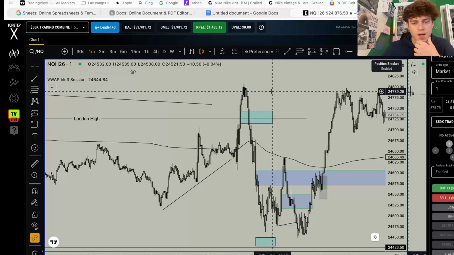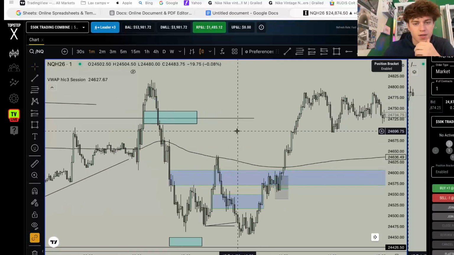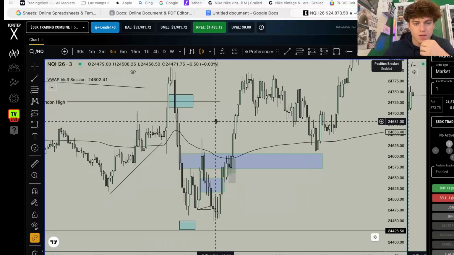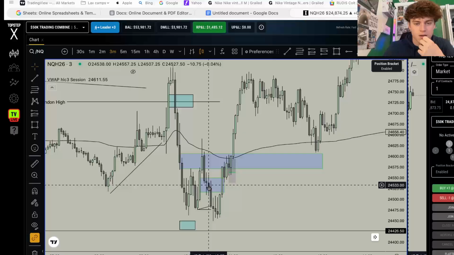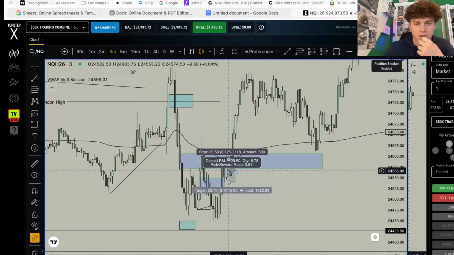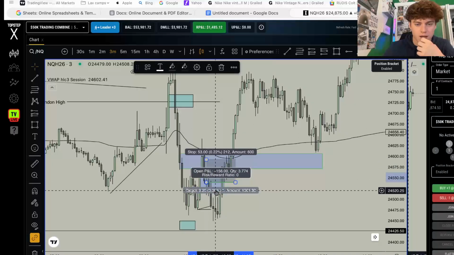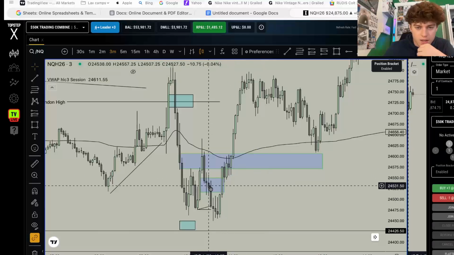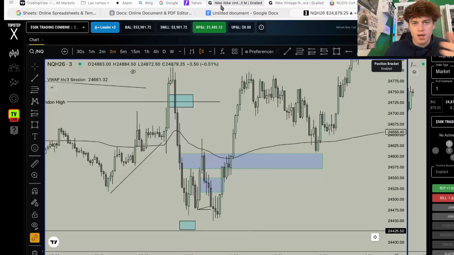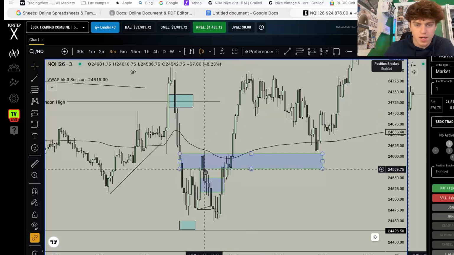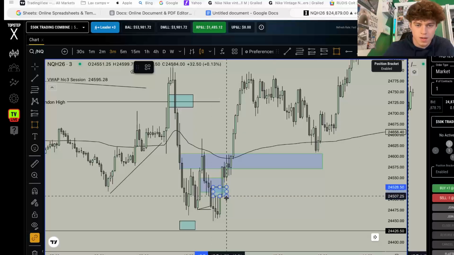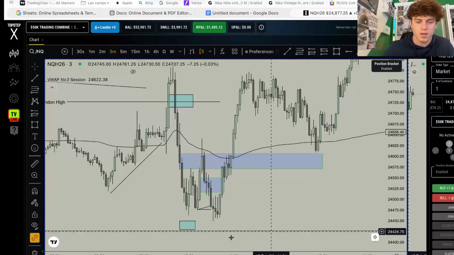By the way, my trade for today was a 3 minute short from here down to clear this LRL. I entered off of this 3 minute inverse, took it down to here, made 1500 on all of my accounts, from here down to here with one mini.